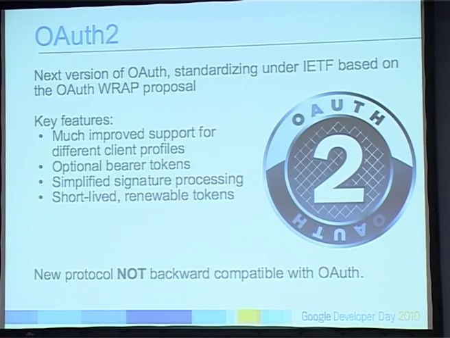The other one is better support for different environments. The initial OAuth spec basically tried to take all the different clients that use OAuth and treat them the same. And so whether it was a web app or a desktop app or a command line script or a mobile app, it just assumed that the protocol would work in all those cases and it'd work great.